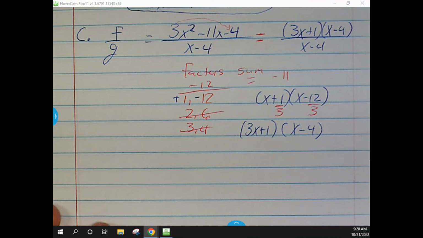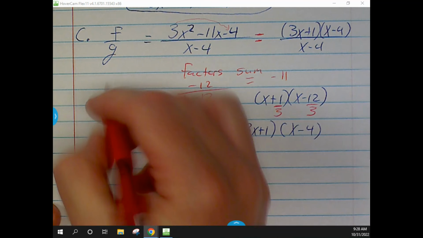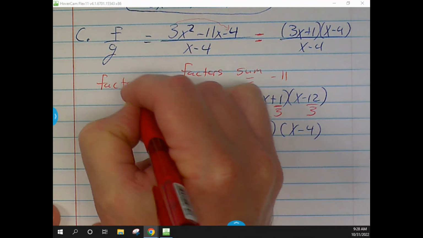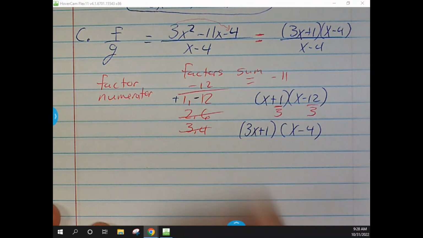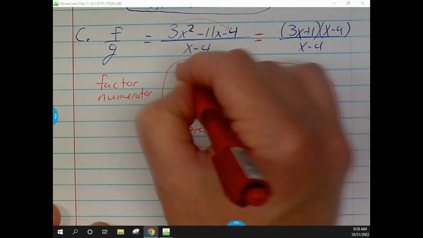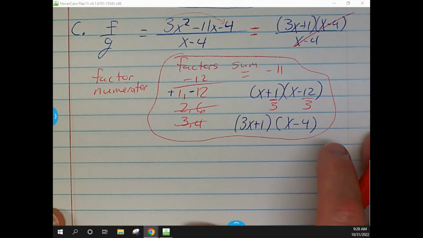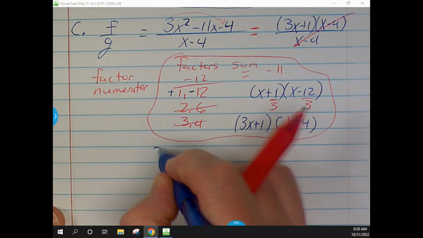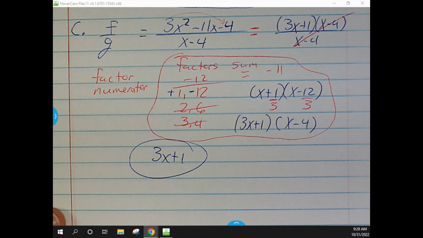So we got that. Which means the x minus 4s cancel, and our final answer is 3x plus 1.